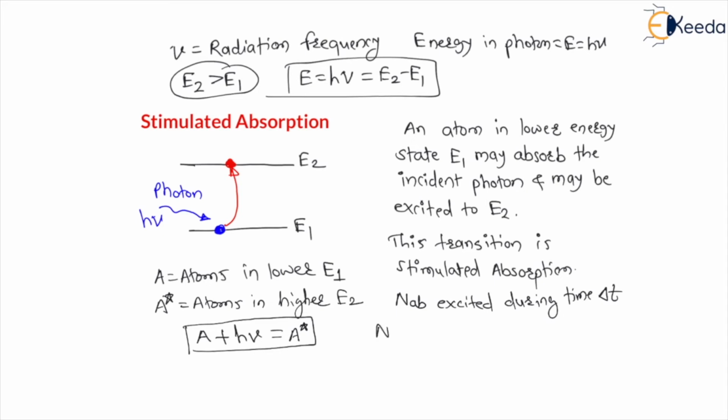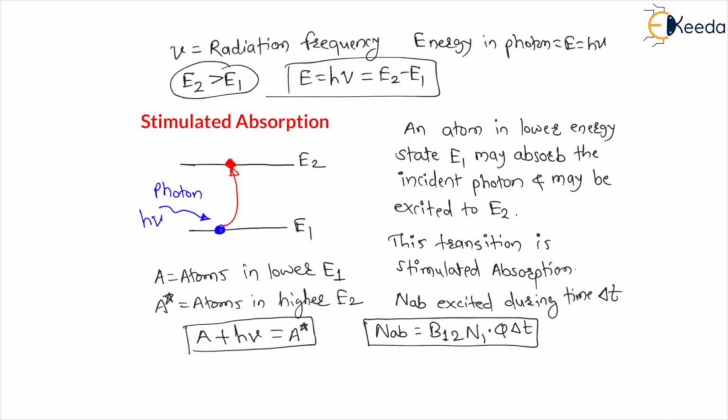This is given by NAB equal to, since the atom is traveling from E1 to E2, the constant here being the probability B12, then N1 into q del t. This is the formula. Now I will explain the terminology. Here NAB is the number of atoms excited during the time del t.